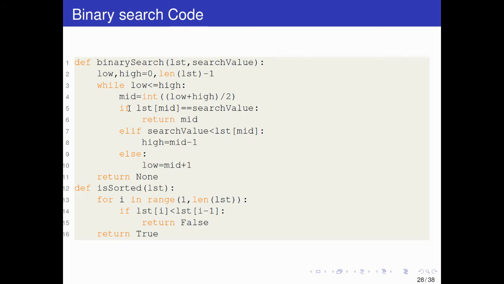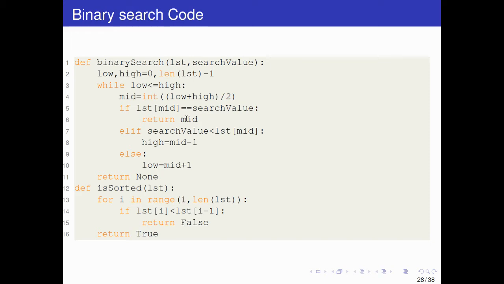Now, first we will compare the value with the middle one, so list at mid index. Low, high and mid are indices in the list. If list at mid index is equal to the search value, you can return mid.